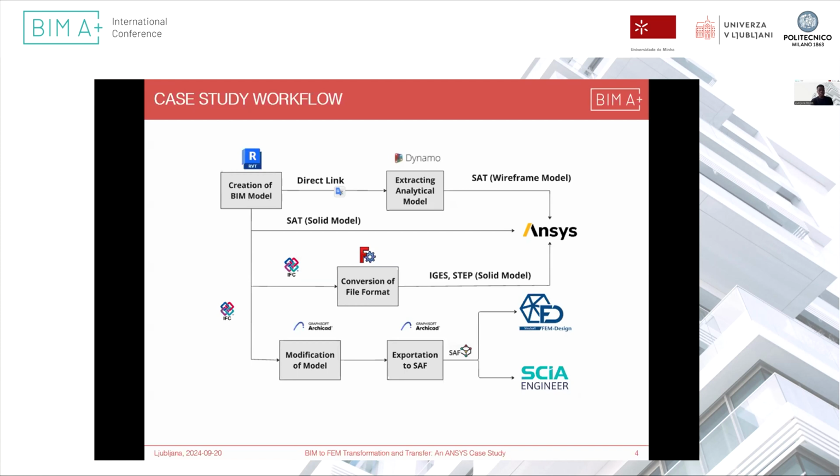And then on the other hand, also transfer the same geometry using the Structural Analysis Format, just to compare the robustness of the workflow of transferring the model from BIM to ANSYS.